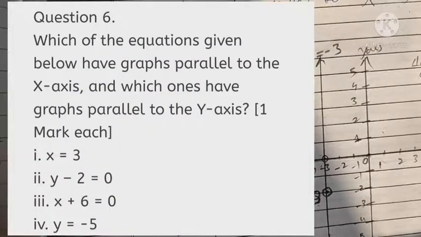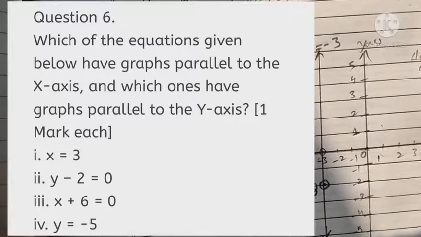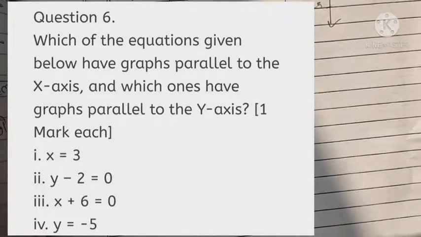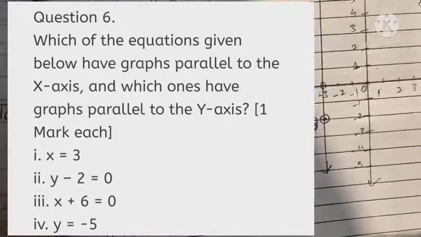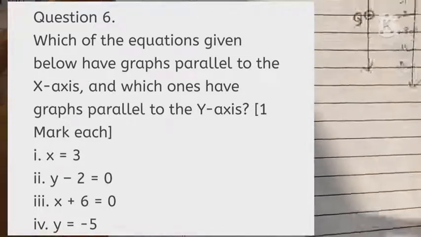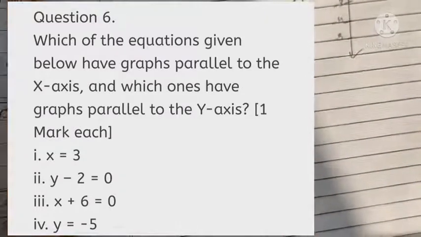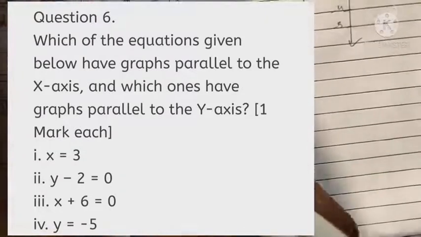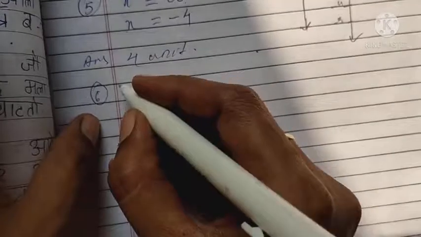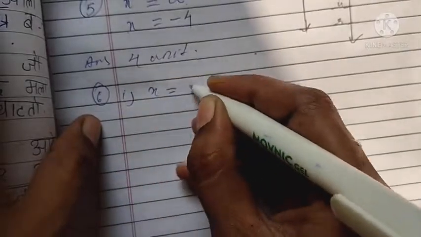Now next, question number 6. Which of the given equations below have a graph parallel to the x-axis and which have a graph parallel to the y-axis? The first one is x is equal to 3.